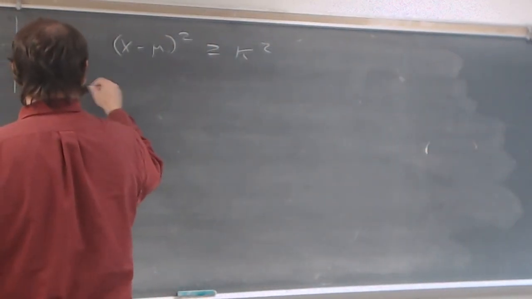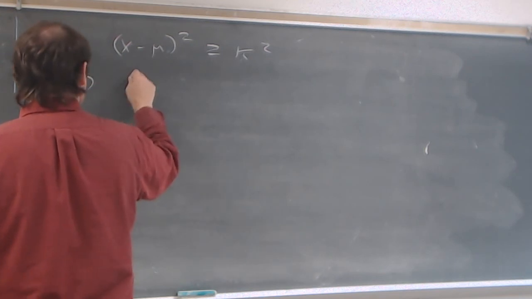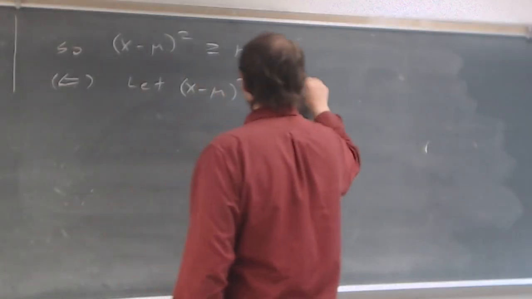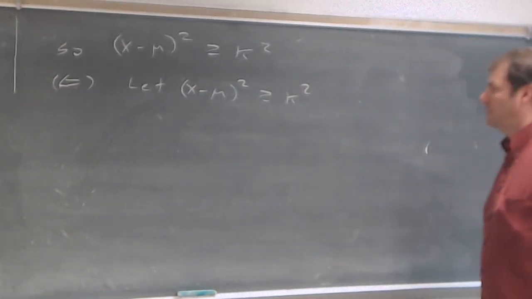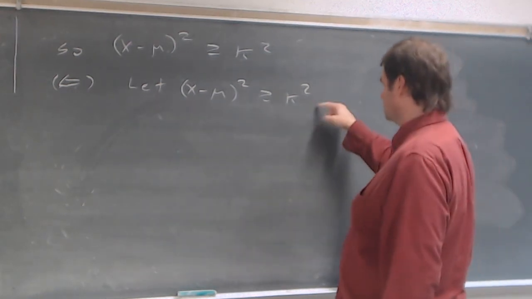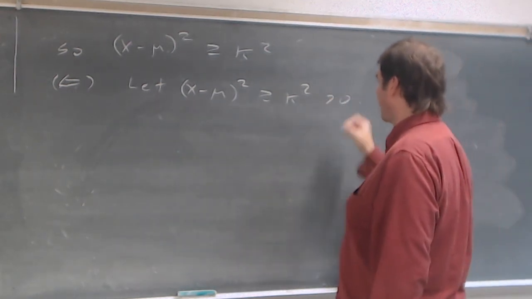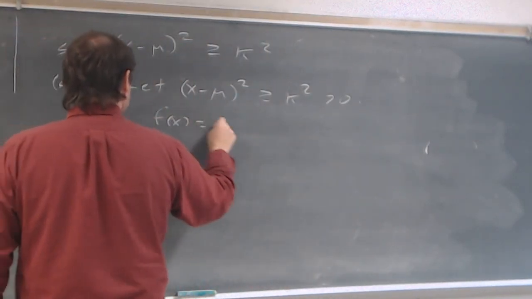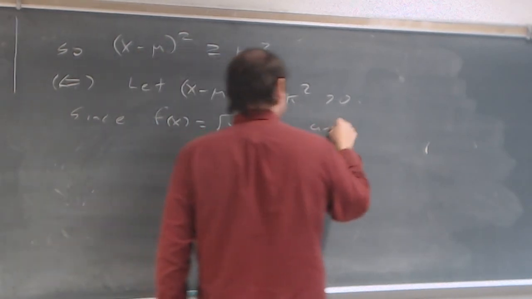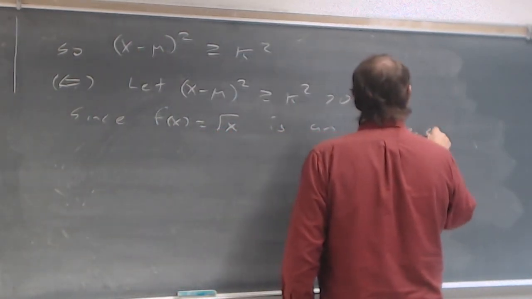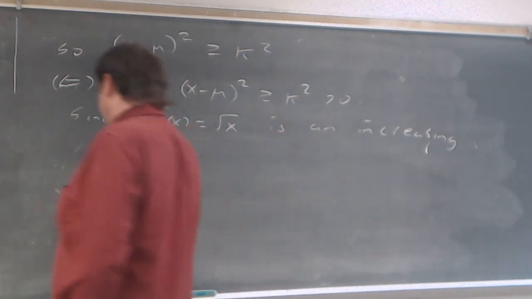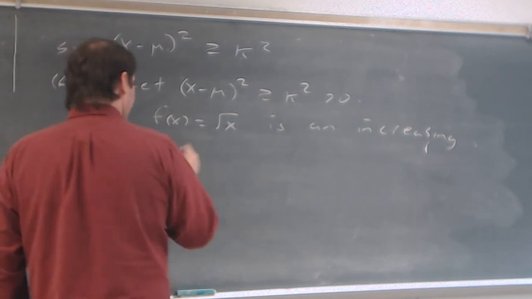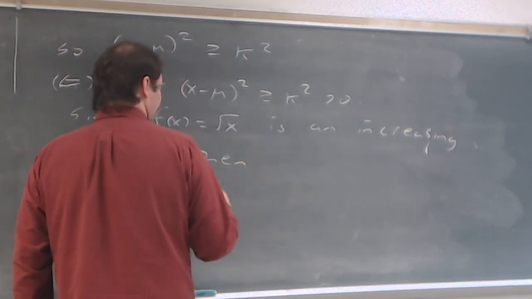So going backwards, we're going to let (x minus mu) squared be greater than or equal to k squared. Now, here, these are always going to be greater than 0. So since f of x equals the square root of x is an increasing function, it's going to maintain this inequality.